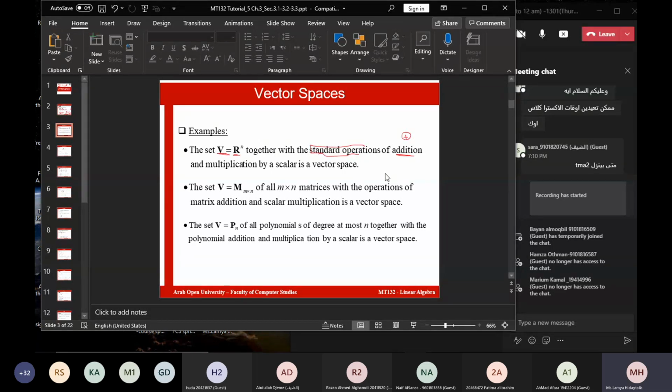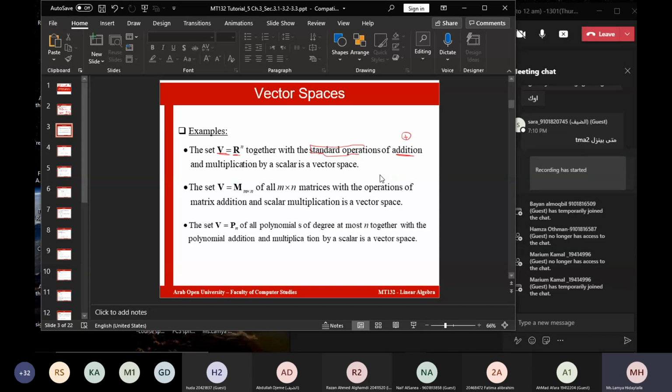This is if he defines for you a new way. We will come to that. And the multiplication by scalar, which is the standard way of multiplication by scalar. So this is always a vector space.